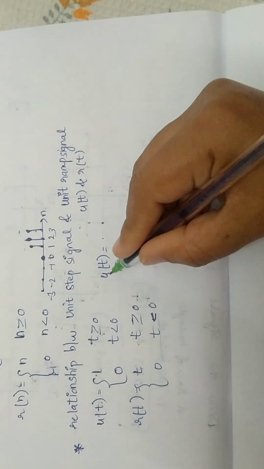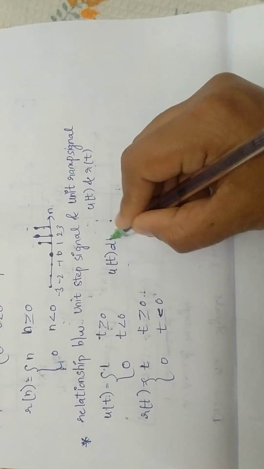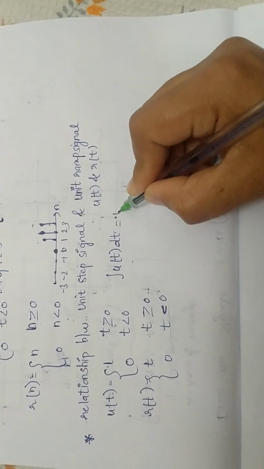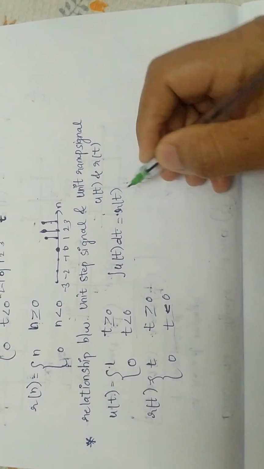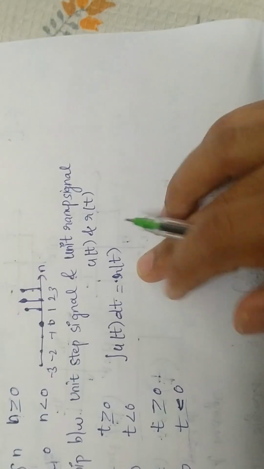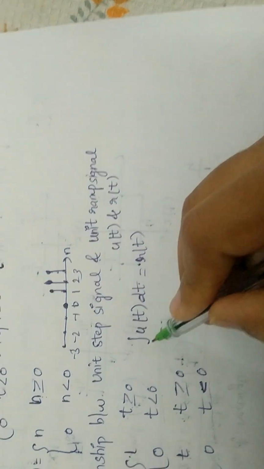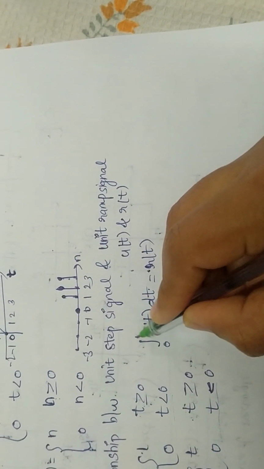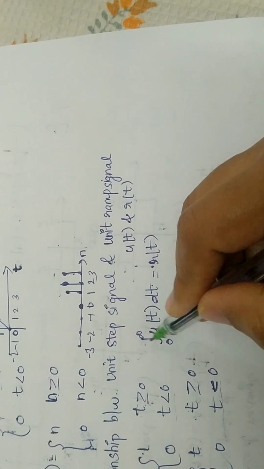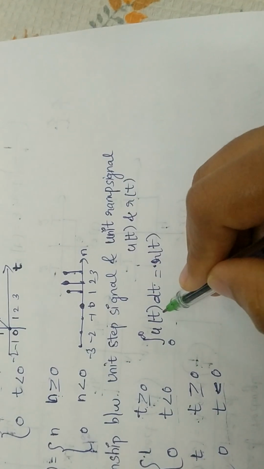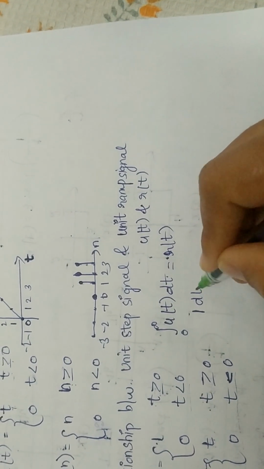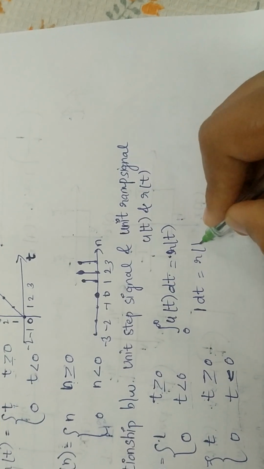The integral of u of t dt is r of t. One thing we observe here, from 0 to infinity, what is the value of u of t? 1, right? So the integral of 1 into dt is equal to r of t.